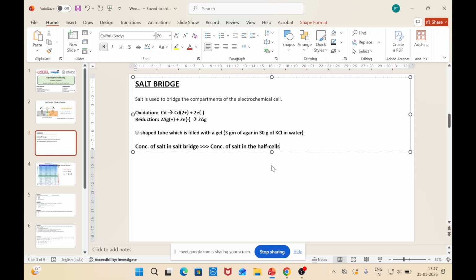So as I said, in case of the anodic compartment, the Cd2+ ions is going to be less, so nitrate ion is going to be more.